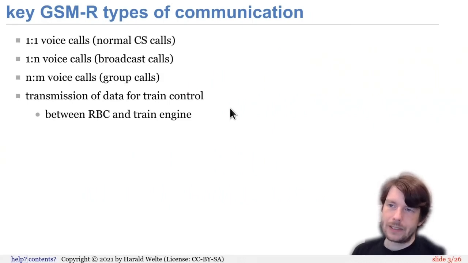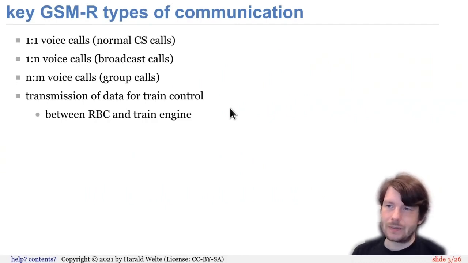And then there is finally the N-to-M case, so-called group calls, where you have a resemblance of push-to-talk radio using GSM. So only one person has talk permission, but then the voice from that one user gets transmitted to all the recipients.